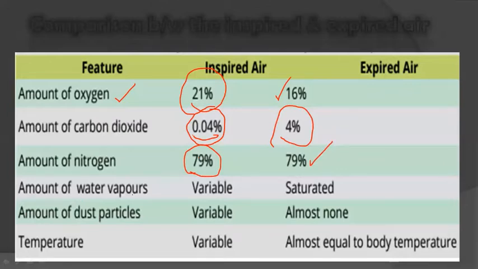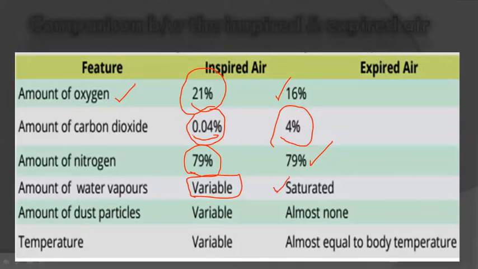Amount of water vapors, that is variable, which we inhale, which we inspire. If there is a rainy season, too much humidity, there are more water vapors. If there is a dry environment, less. That is variable.